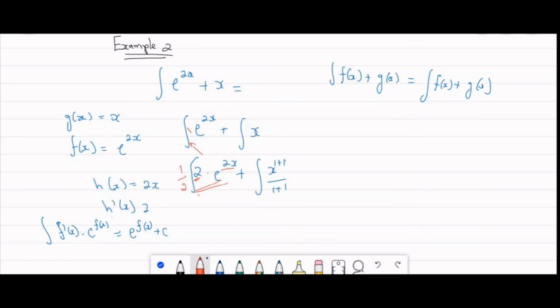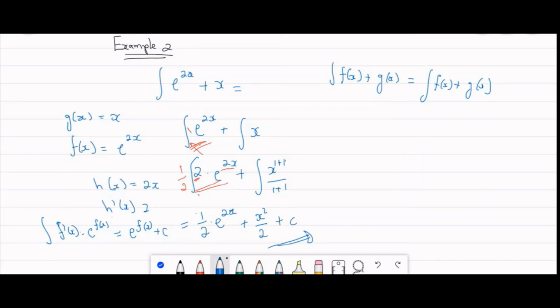When I multiply 1 over 2 and 2, I'll get 1, which brings me back to the original equation. So therefore, I can say 1 over 2 multiplied by e to the power 2x plus x squared over 2 plus c is my final answer.